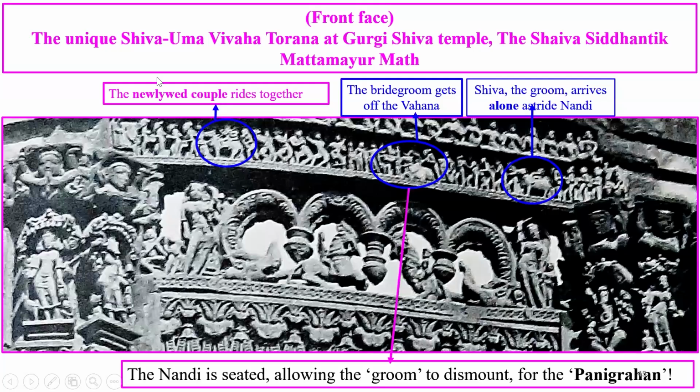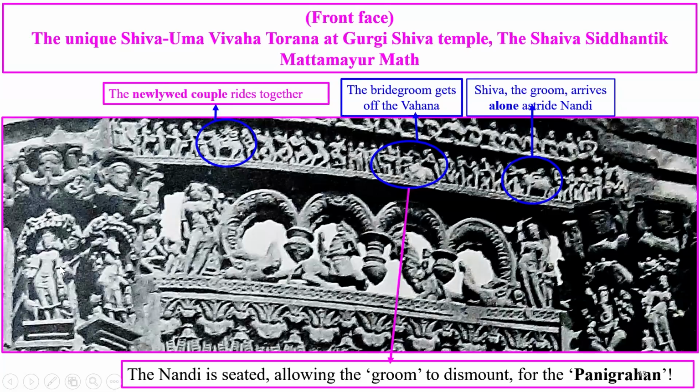This is the Shiva Uma Vivaha. And you see, it starts from here. This is a Nandi with only one rider. Then in the middle, the Nandi is seated, he's getting down, and perhaps then getting married, Panigrahana. And then here, when they leave, both of them are seated here.